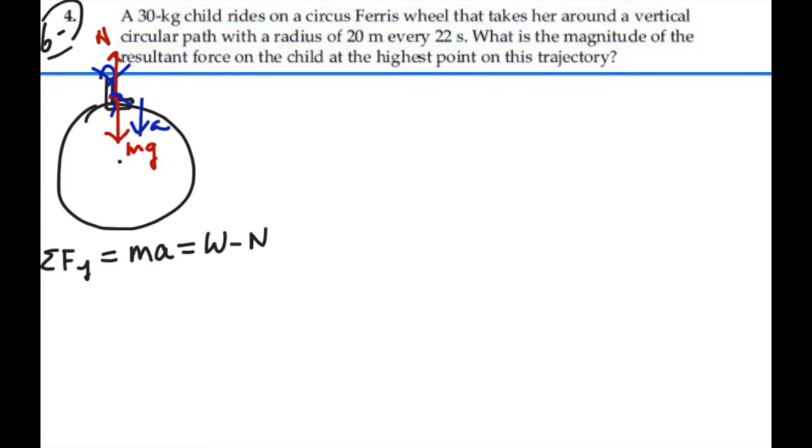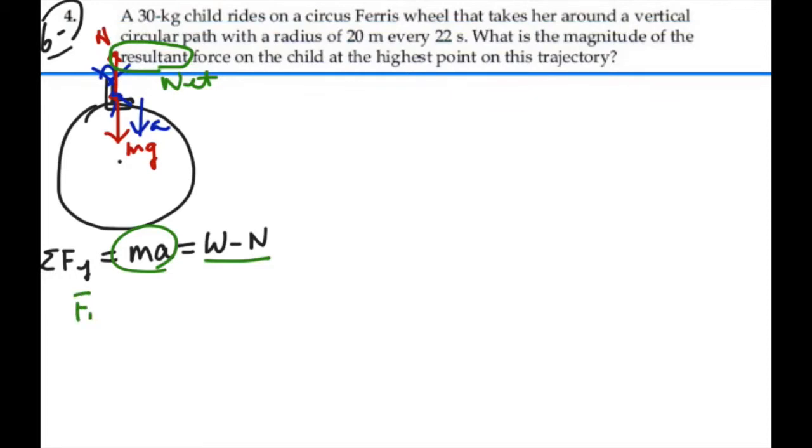But the question is, what is the resultant force on her? That is the net force, and the net force is the sum of all the forces acting on her. It's either the weight minus N, or equivalently, it's just her mass times acceleration. That is her net force.